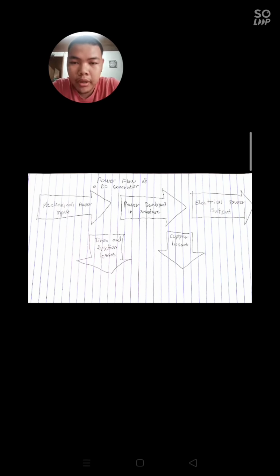So we have mechanical power input, power developed in armature, and electrical power output. So in the figure of a power flow diagram of a DC generator, it is shown that initially the mechanical power is given as an input which is converted into electrical power, and the output is obtained in the form of electrical power.